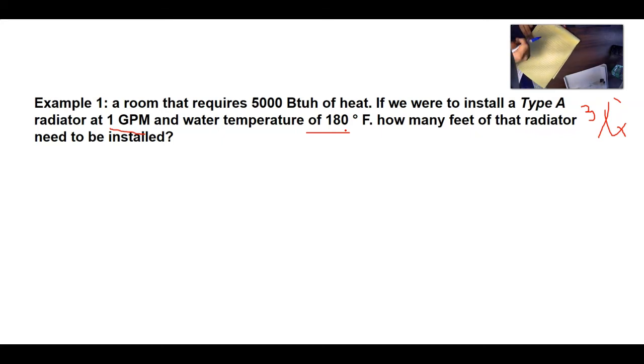So if I look, so this is my room, 5,000 BTU per hour. And if I look at this radiator over here, it says that the radiator is type A, which you can find at the top here, and it's 1 GPM, so it's the top point.